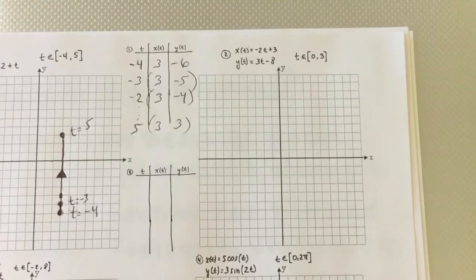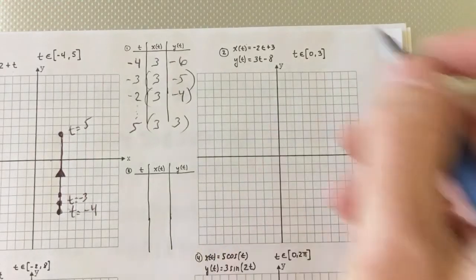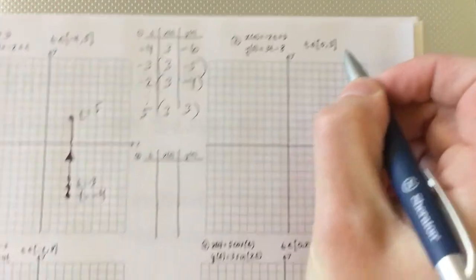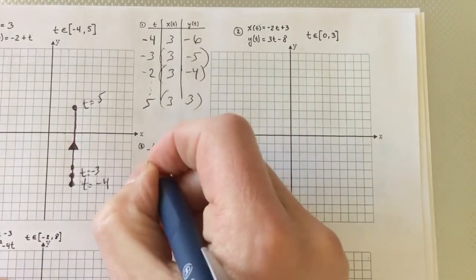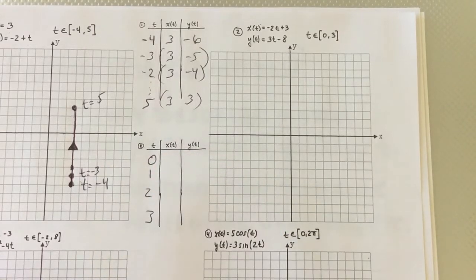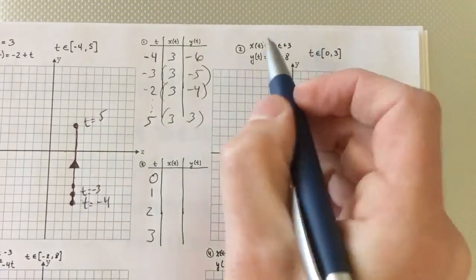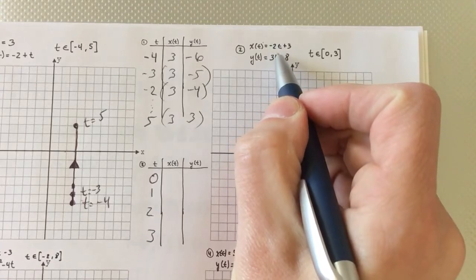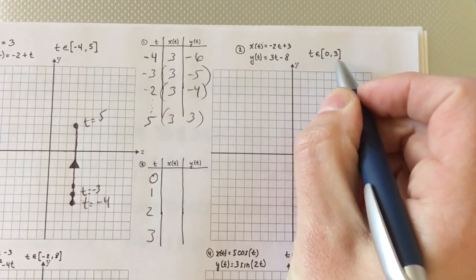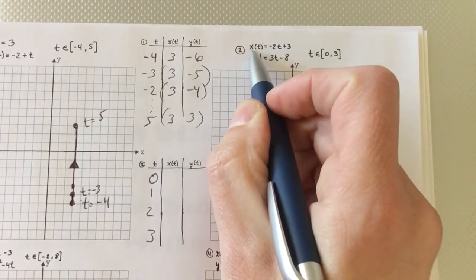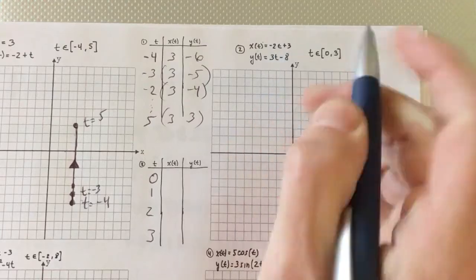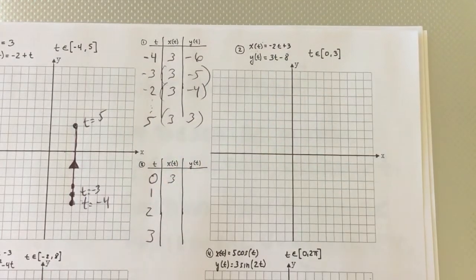All right, let's do the next one. T, our time, our parameter, is going to go from 0 to 3. I've got my table of values set up. We're going to go from 0, 1, 2, 3. We've got to start, we've got to stop. I can figure out what's happening horizontally and vertically. So I take t and plug it into each function. Horizontally, if t is 0, then x is -2 times 0 plus 3, which is 3.